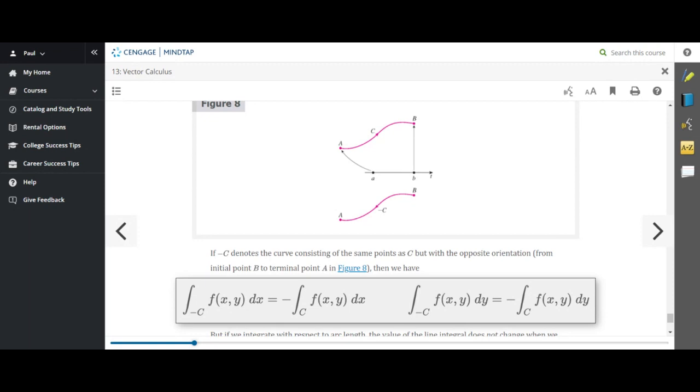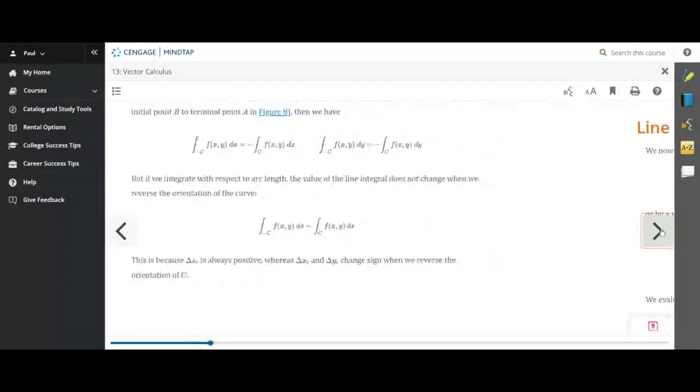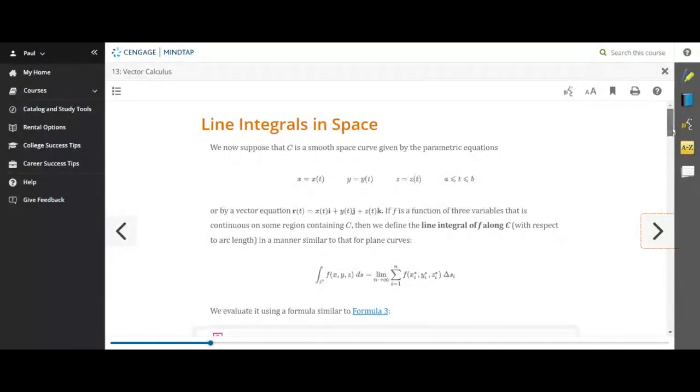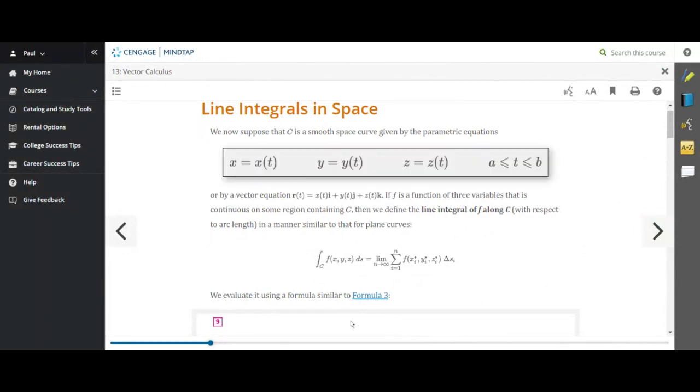Let's see. I want to show a few more things here from the ebook. We talked about line integrals in two-dimensional space, but you can have line integrals in three-dimensional space as well.